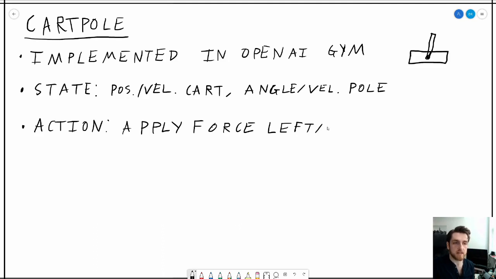And this force doesn't immediately change the direction necessarily, it just applies an acceleration to the velocity, which changes how it's moving. So as I said, the goal is to keep the pole upright.